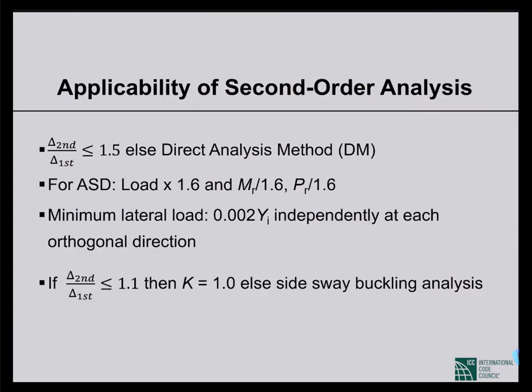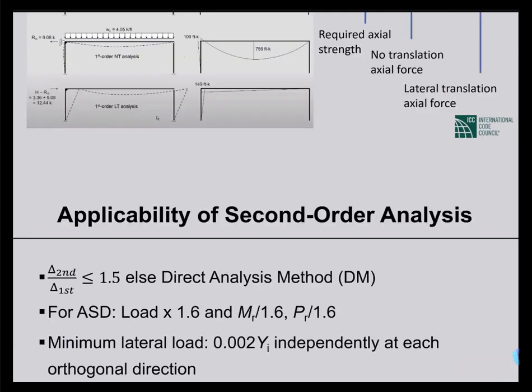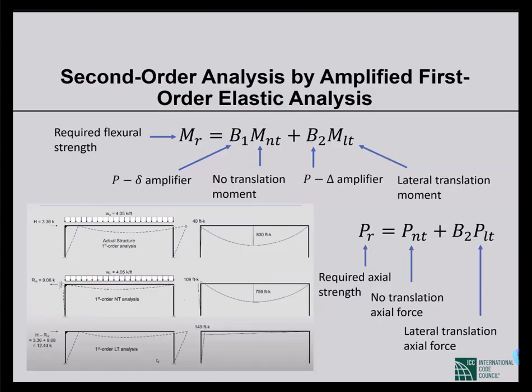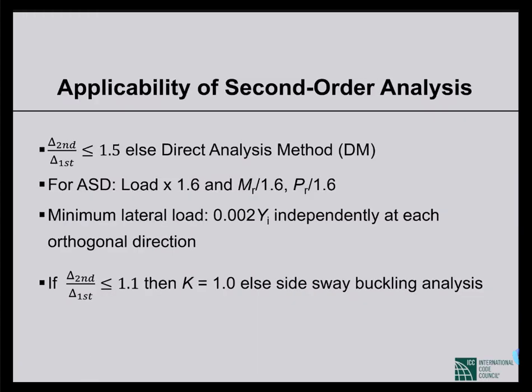Again, like the first order analysis, this is valid only when alpha PR is less than or equal to 50% of PY. For second order analysis there are restrictions: the ratio of the second order sway, drift, that we get, to the sway from the first order analysis must be less than 1.5 if we want to adopt the no translation, lateral translation method.